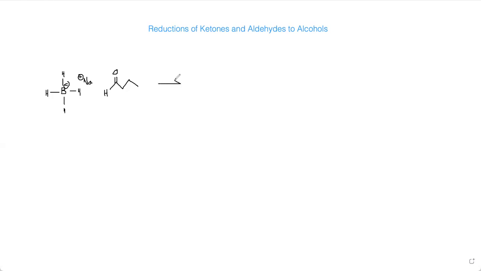Okay, so the first step of this type of reduction is the addition step. I'm going to draw the arrows in a different color so it's easier to see. This hydrogen from NaBH4 is going to do kind of a backside attack on that aldehyde, which is going to kick off the electrons from the double bond to that oxygen.